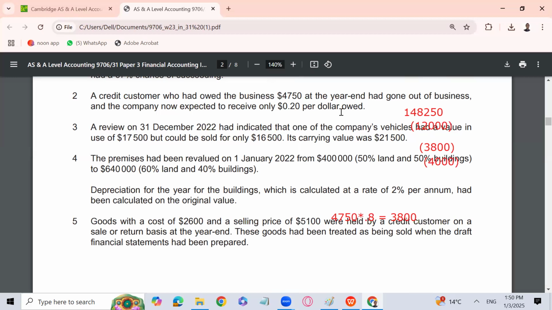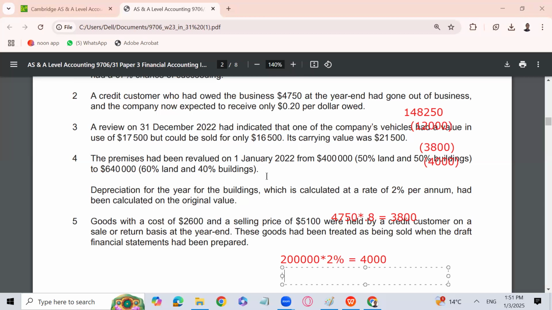It means we have calculated depreciation on 2 lakh, that is 50% of 4 lakh. So we recorded depreciation of 2 lakh into 2%, that is 4,000, right? Which is wrong because we should have calculated depreciation on 6 lakh 40,000.